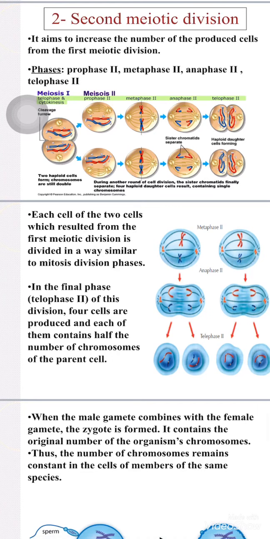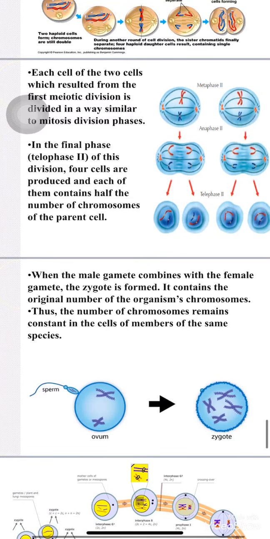These cells are called gametes. As I said, in male they are sperms, or pollen grains in plants, and in female they are called ova. They are gametes, okay? Now, when the male gamete combines with the female gamete, the zygote is formed.